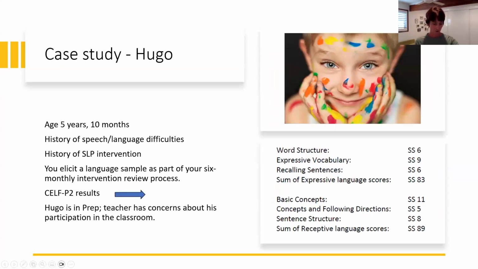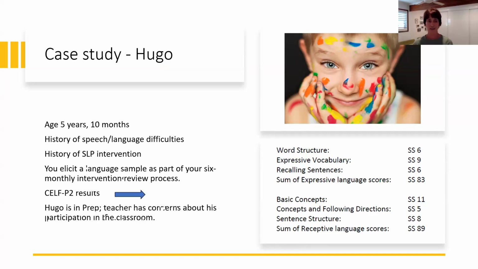So I'm going to now give you a little case study, and his name is not his real name, Hugo, not his real photo either, but it's quite cute. He's 5 years, 10 months, and he has a history of speech language difficulties. This was a real case example, actually. The child has a history of speech language pathology intervention. Now, you elicit a language sample as part of your 6-monthly intervention review process.